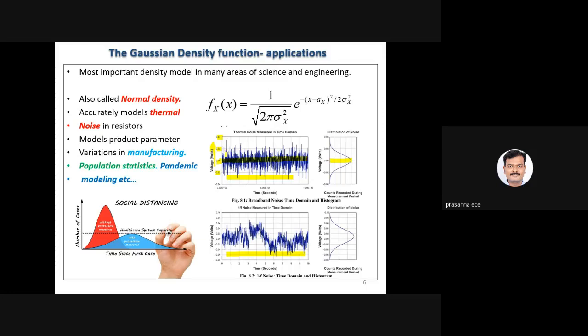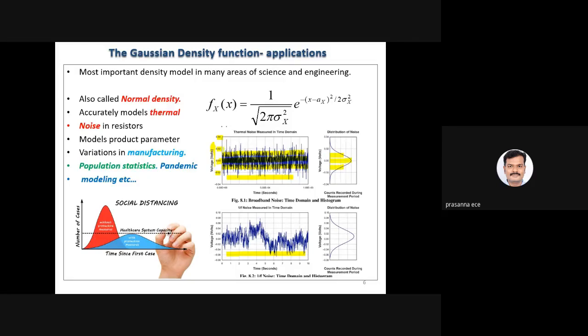If you slightly move towards the positive voltage, say 0.01 volts, and ask how many times you get that voltage, you plot it and get this much. Going to the negative side, say minus 0.01, you again plot the frequency.